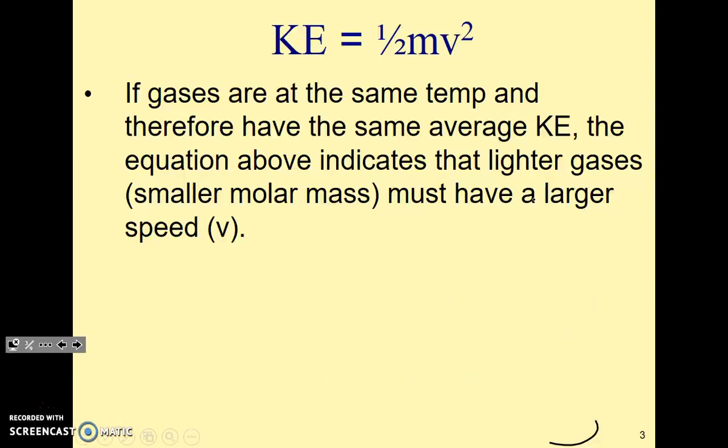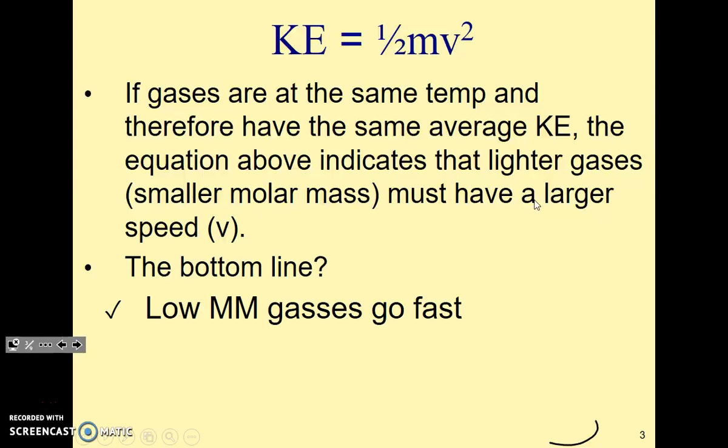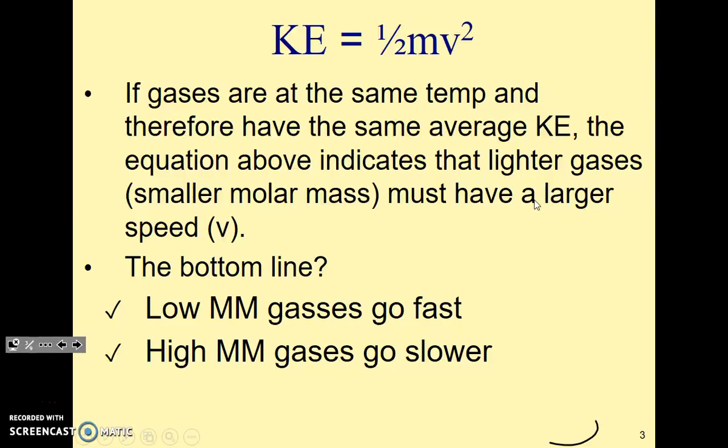What you need to remember is that gases that have low molar masses move faster than gases that have higher molar masses. So the speed of movement is based on the molar mass of the gas. The higher the molar mass, the slower the gas will be, assuming that the temperatures are the same.